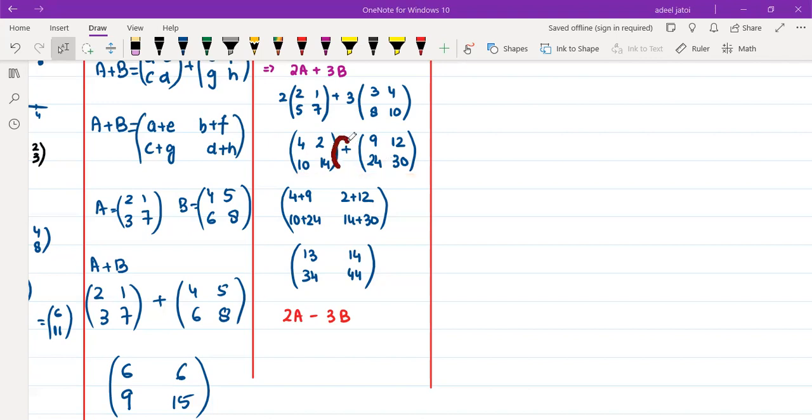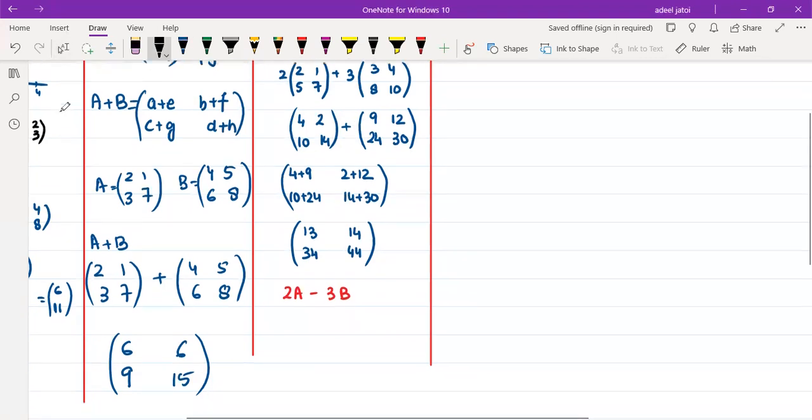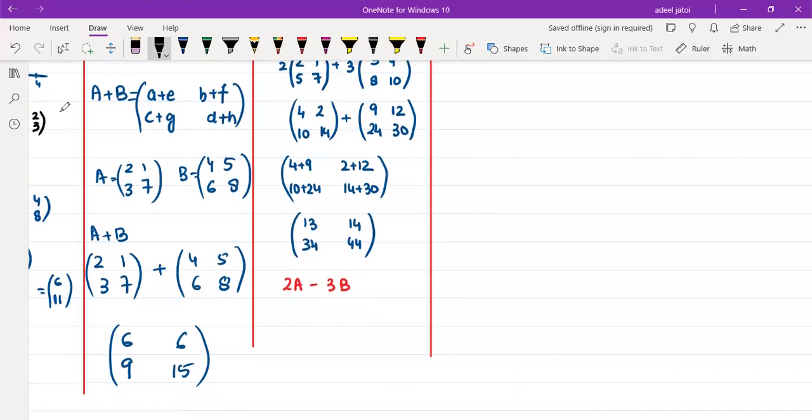But now the addition will have subtraction in the middle, which means after the entire multiplication, you will be subtracting this. So this should be 4 minus 9, 2 minus 12, 10 minus 24, and 14 minus 30.